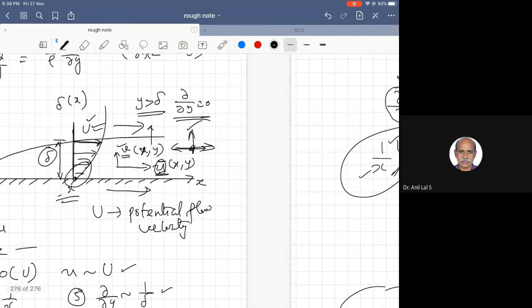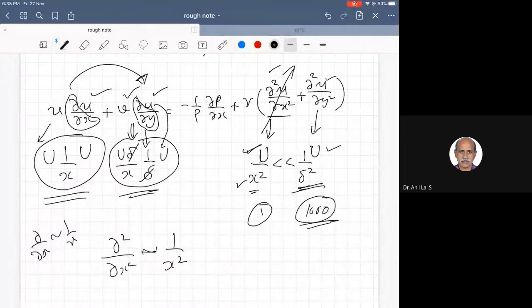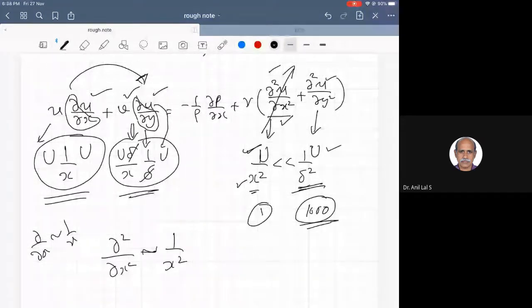So basically this term goes. That is what it is for the u momentum equation. So the u momentum equation simplifies, neglecting this term.